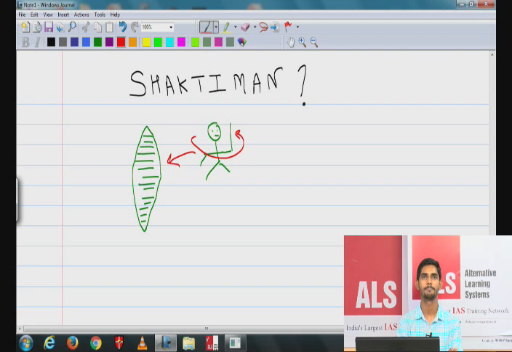Shillong, am I right or wrong? Yeah. Satna, what are your views regarding this one? That yes, Shaktiman will look like this after rotation, I mean, when he tries to fly.